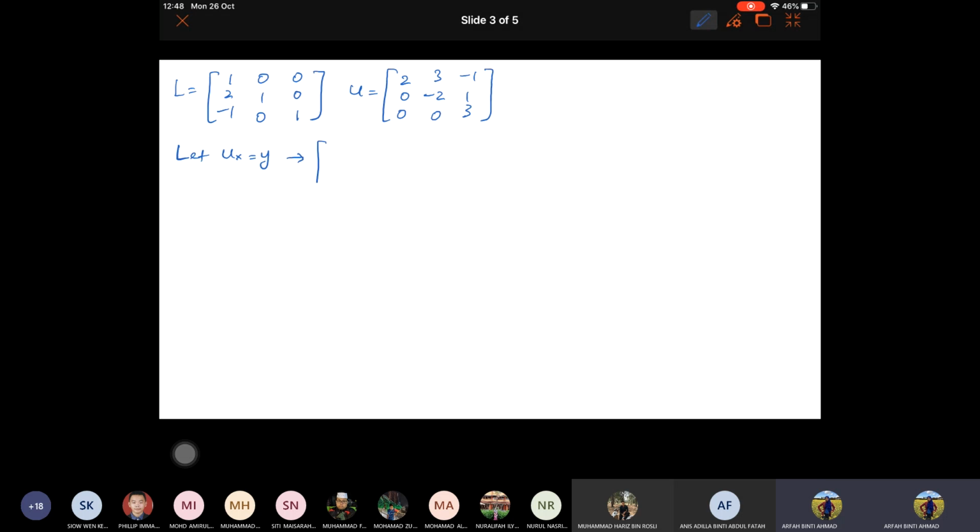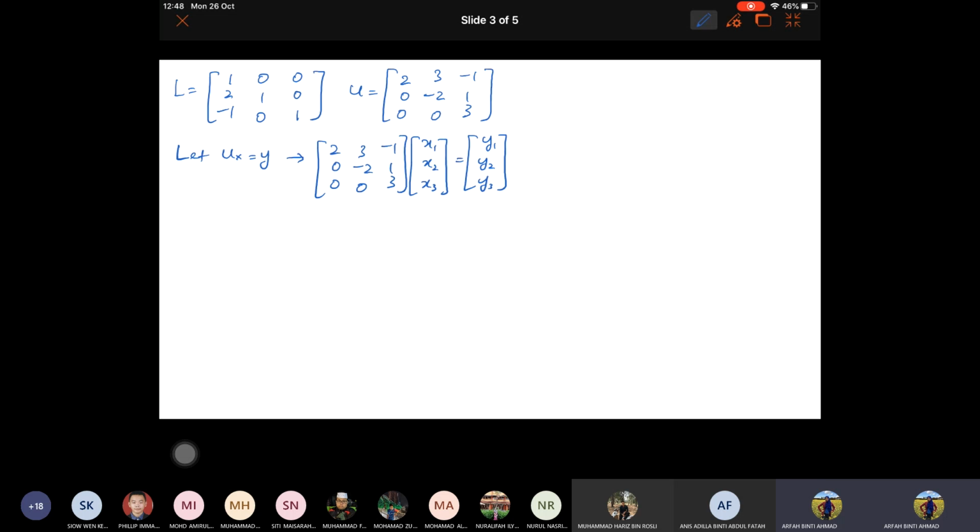So awak akan 2, 0, 0, 3, negatif 2, 0, negatif 1, 1, 3 darab dengan X1, X2 dan X3 sama dengan Y1, Y2 dan juga Y3. Okay. So kalau tengok dekat sini, Y1, Y2, Y3 ni kita wujudkan 3 variable yang baru yang kita tak tahu. X1, X2, X3 ni yang kita nak selesaikan.